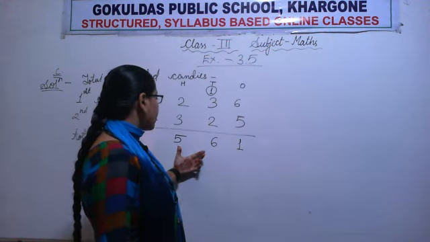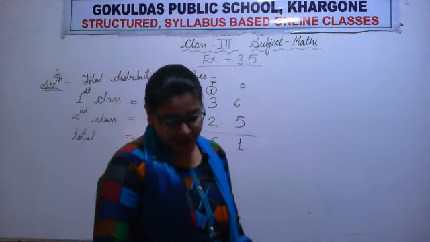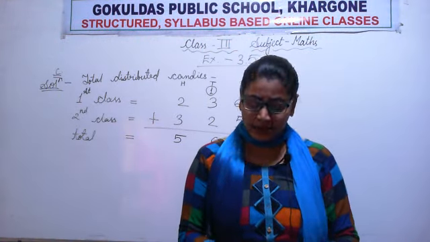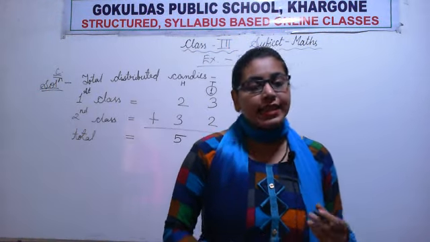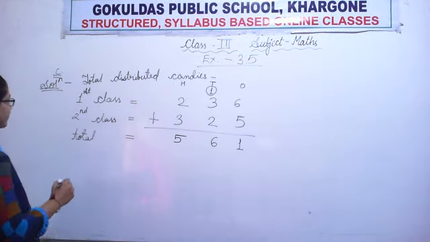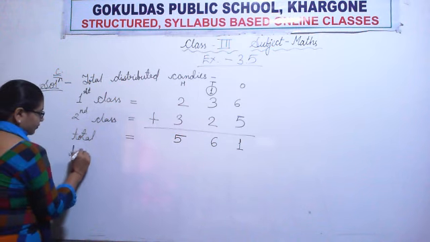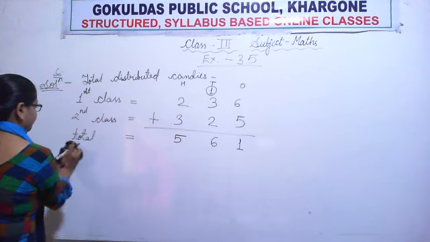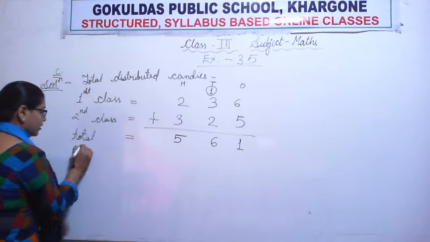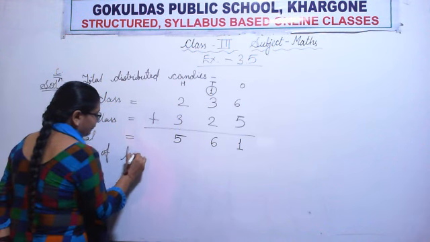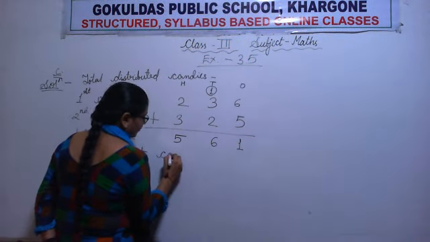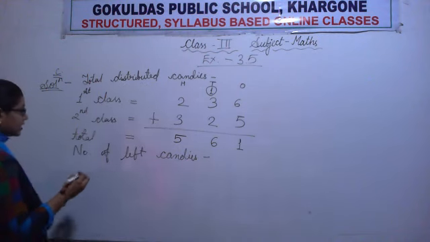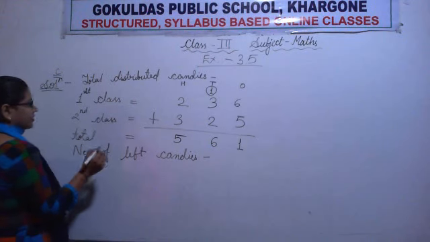Now we have found the total number of distributed candies. Now we will subtract these distributed candies from the total candies and we will get the candies left. For finding out the number of left candies, we will subtract.